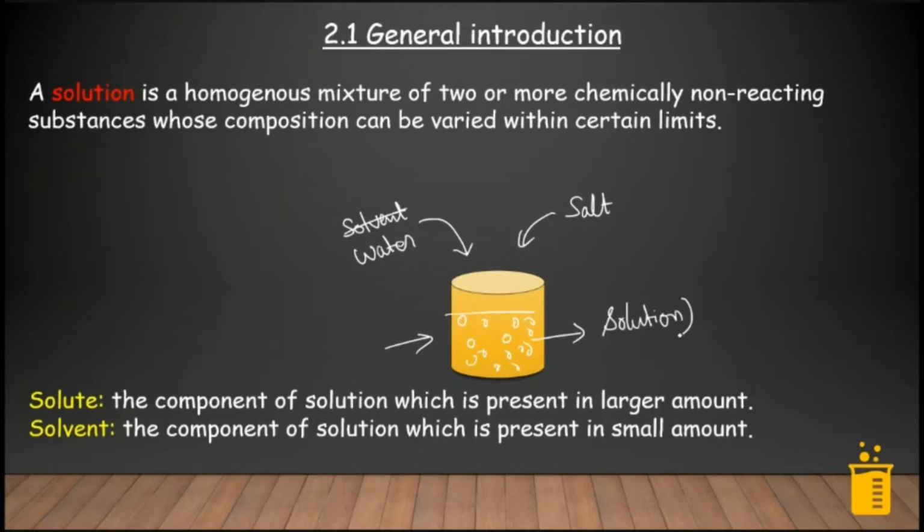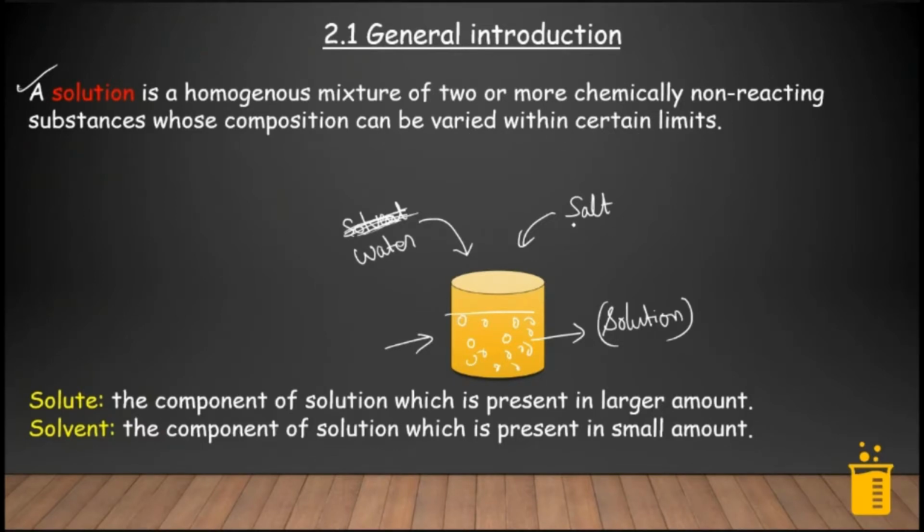It's very obvious. You must have observed it in your home, right? Okay. So by looking at this example, what you can define a solution as is: a solution is a homogeneous mixture of 2 or more chemically non-reacting substances whose composition can be varied within certain limits, right?